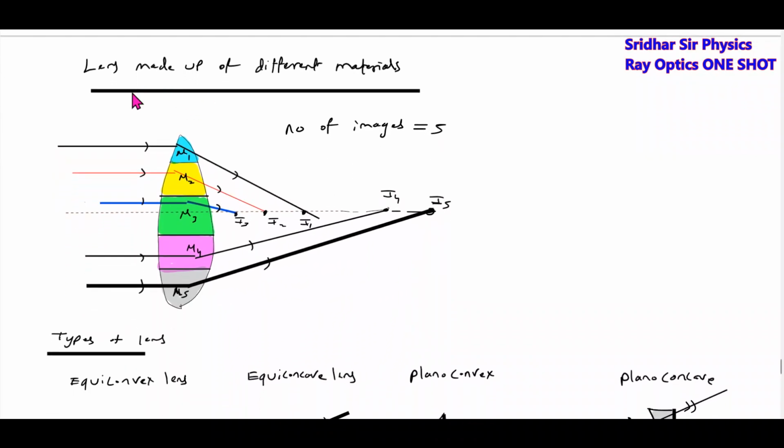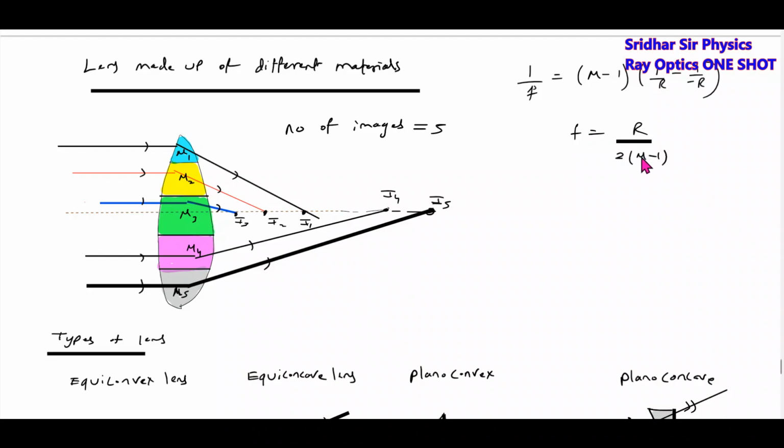Next, if the lens is made up of different materials, according to the lens maker formula, this is the focal length.